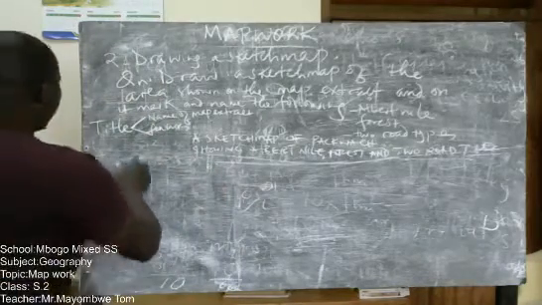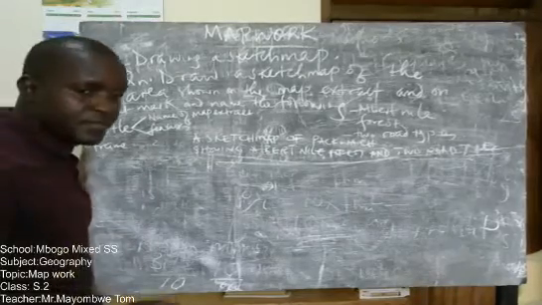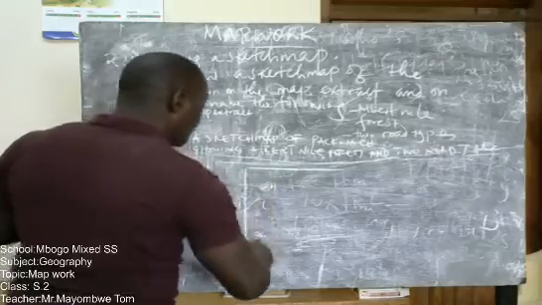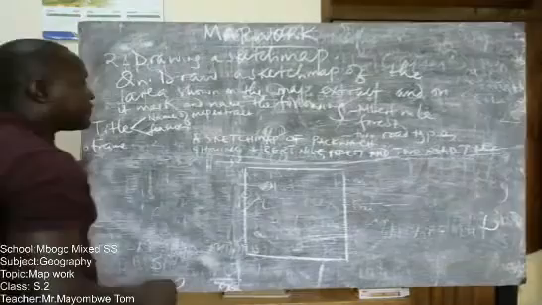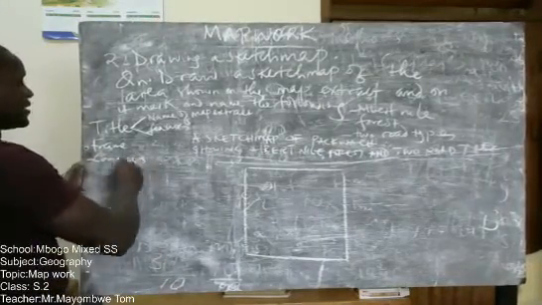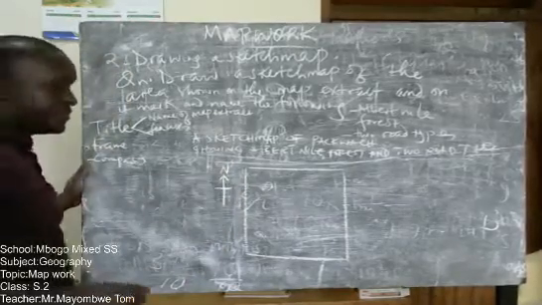Then after the title, we must see the frame. Draw your frame. After drawing the frame, what next? Compass. The compass must be facing north.